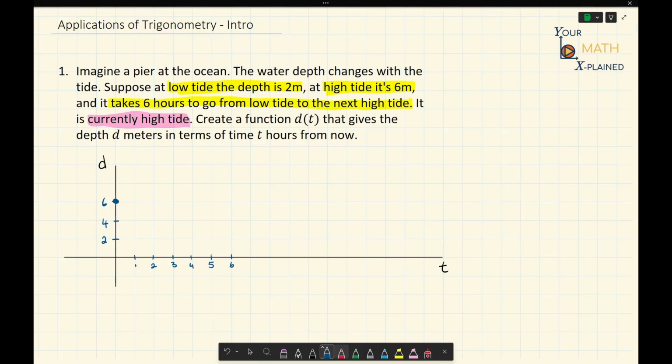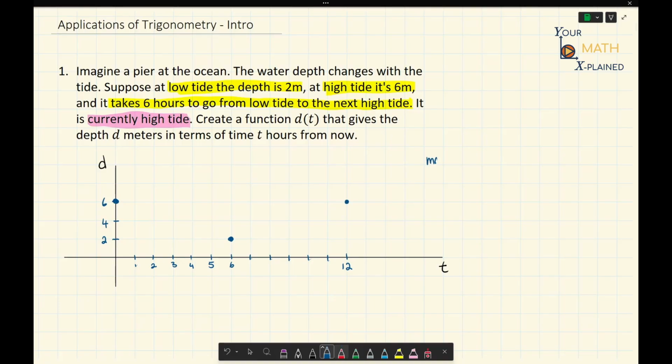So after 6 hours, when t is equal to 6, we're going to be at low tide, which is 2 meters. So that's going to be right over here. And then 6 hours after that, which would be at 12, so that'll be 7, 8, 9, 10, 11, 12. That's going to be our next high tide, which is 6 meters.